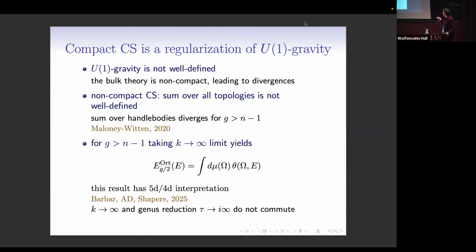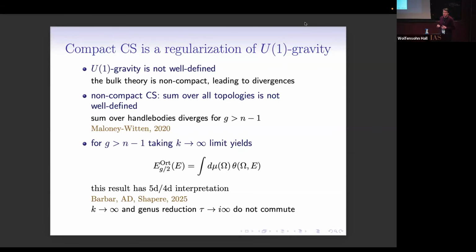There are some divergences, and the simplest way to see that there are divergences is that if you try to calculate the contribution of handle bodies with sufficiently large genus, if you fix the total central charge of your Narayan ensemble, and you try to average Narayan partition functions for genus larger than certain value, this integral will diverge. This integral is not well defined.